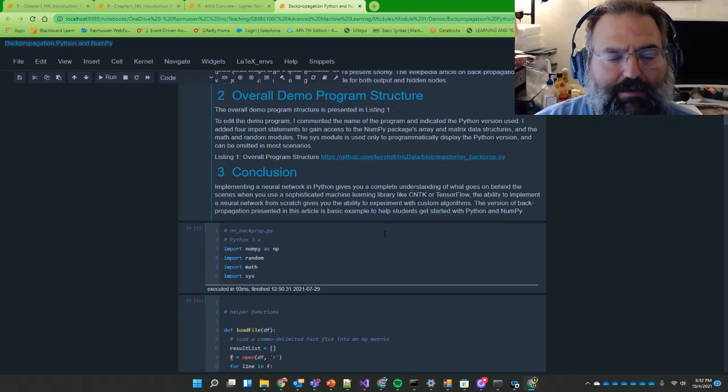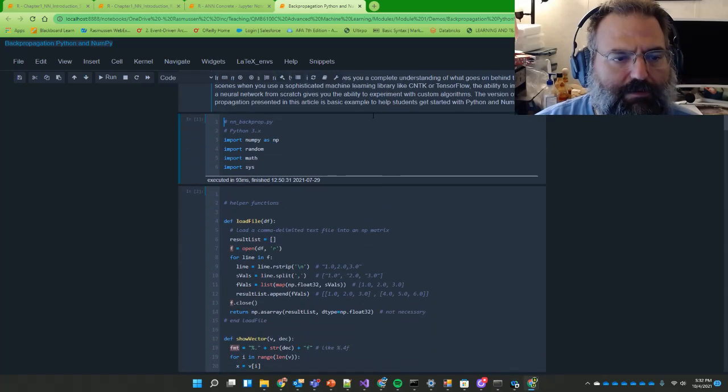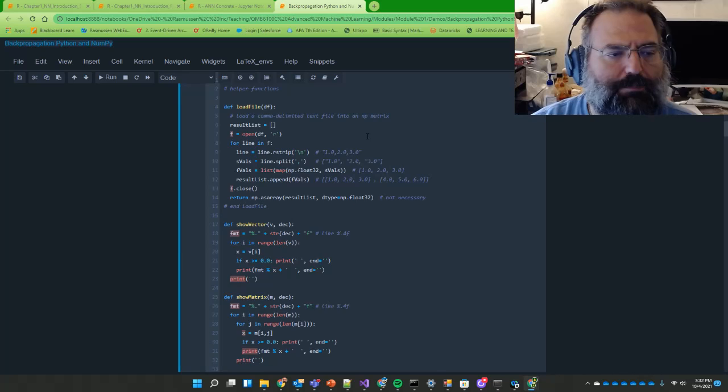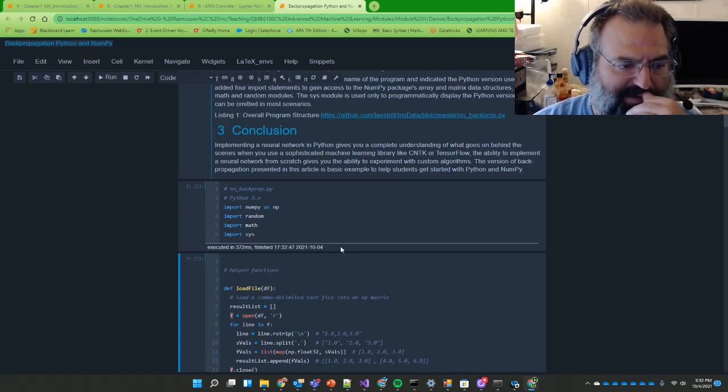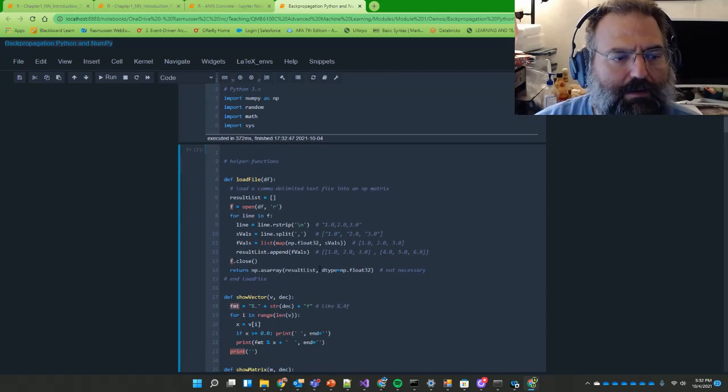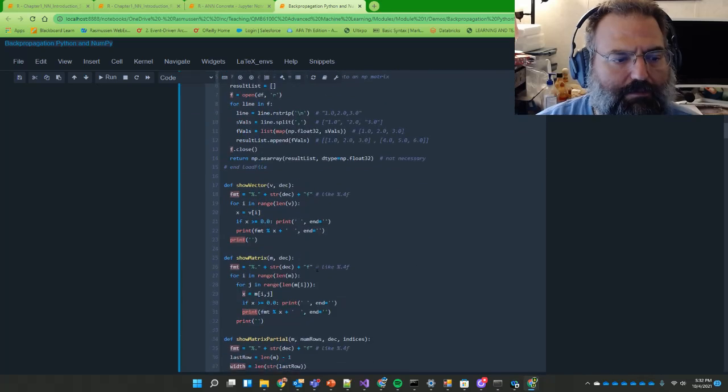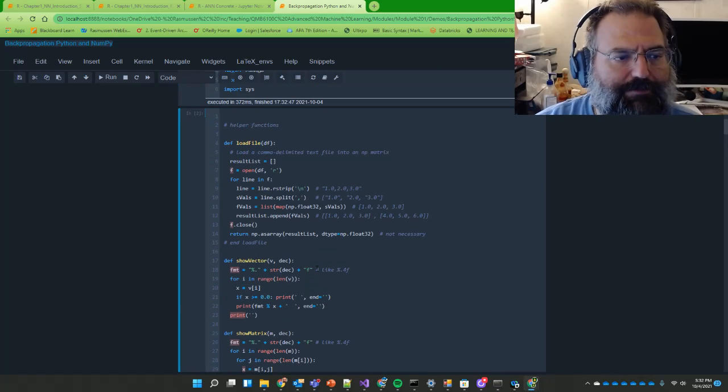I basically took that, made it pretty, split it up so we can actually step through it. So the first step, as always, is to make sure that NumPy, random, and various related libraries are loaded. Then we have a series of functions that are used, and these are all helper functions.